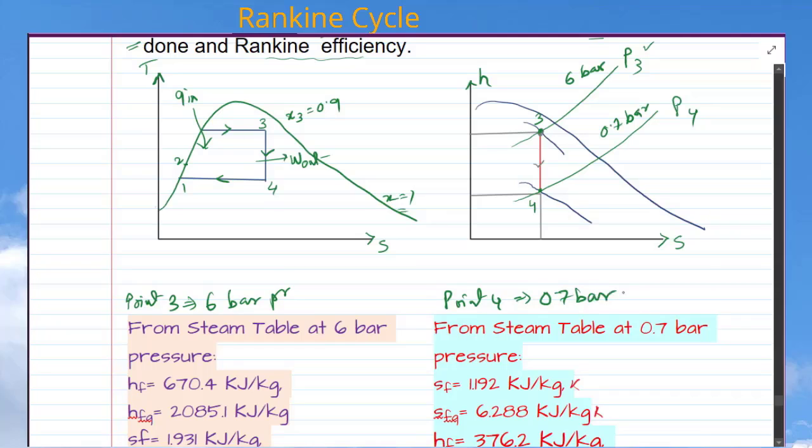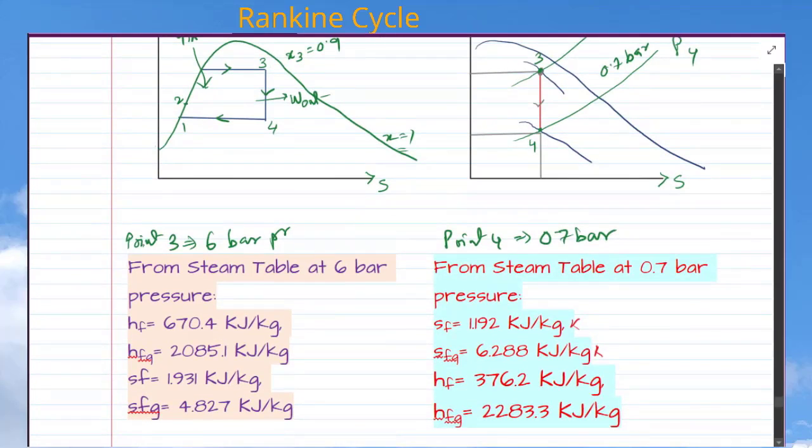Accordingly, from the steam table we can find these values: the sensible heat hf, the latent heat of evaporation hfg, the entropy of liquid sf, and the entropy during evaporation sfg.